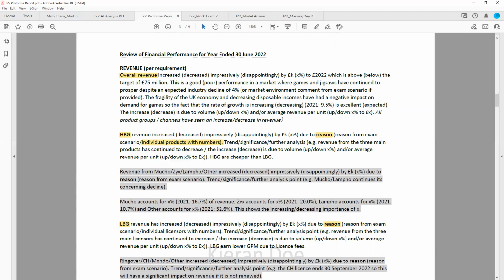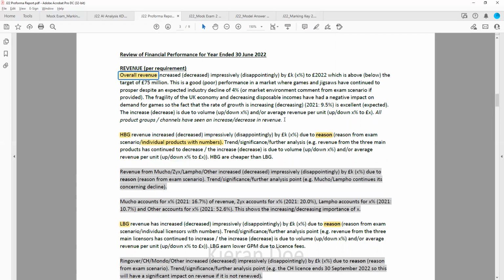Just remember, with overall revenue, you're not going to go into the detailed reasons why every product group has gone up or down, because we're going to do that here. So we're not going to say overall revenue has gone up because HPG went up because Mucho sales went up, because you're going to talk about HPG and Mucho sales going up here. So we're just looking at high level trends.